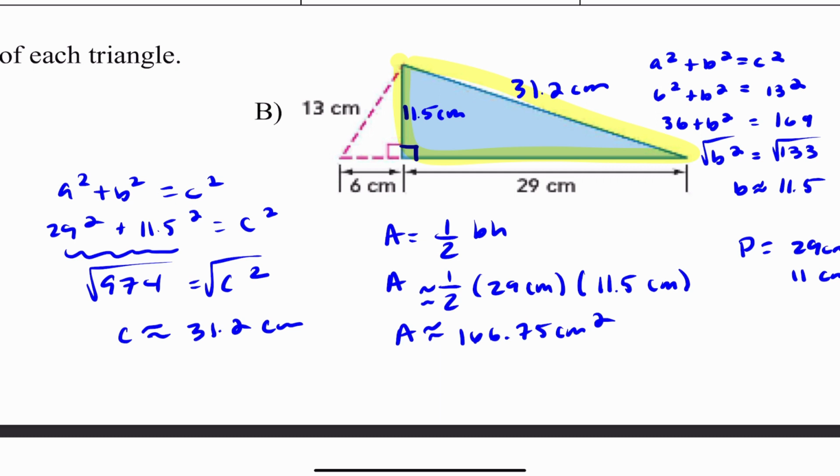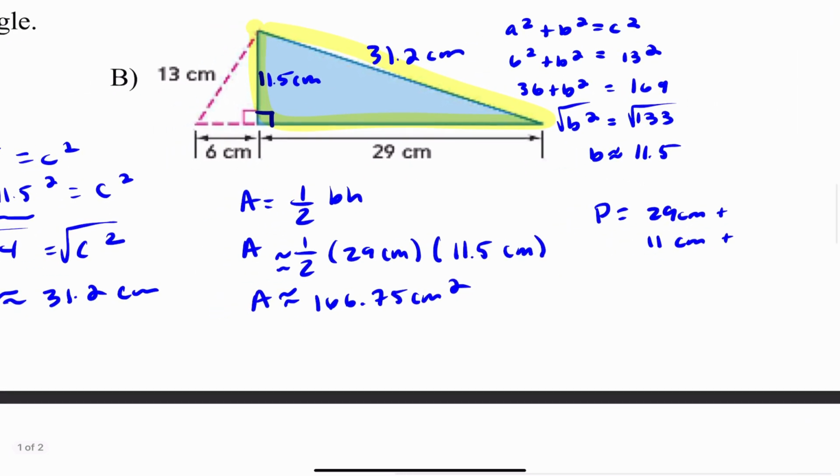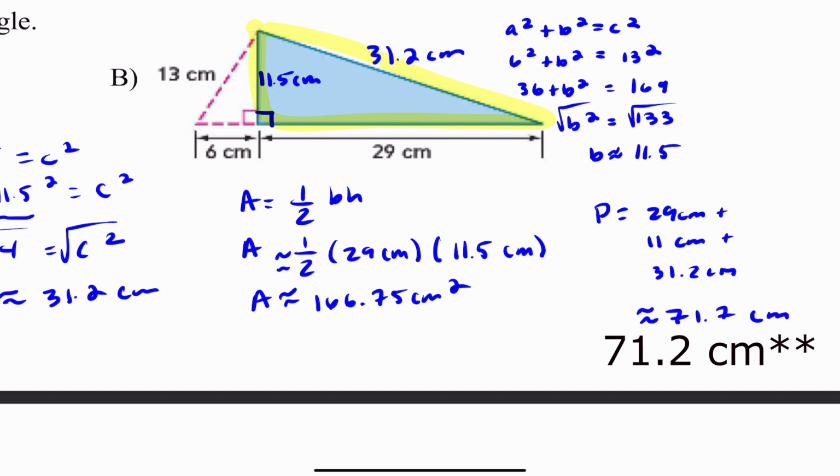So then, okay, I have my base, I have the height, and I have the side length. To find the perimeter, I'm just adding up all those sides. So I can go ahead and finish this over here. So 29 centimeters plus 11 centimeters plus 31.2 centimeters, that will be approximately 71.7 centimeters. Okay?